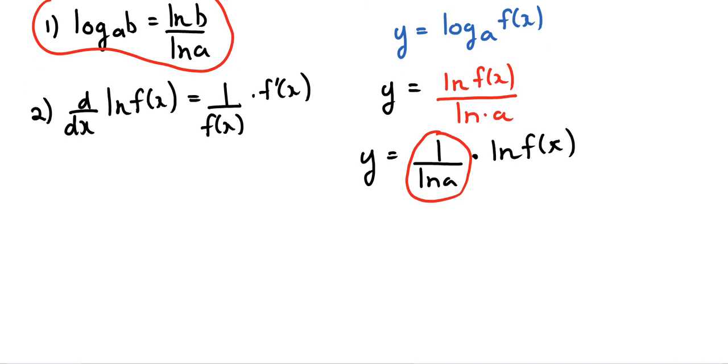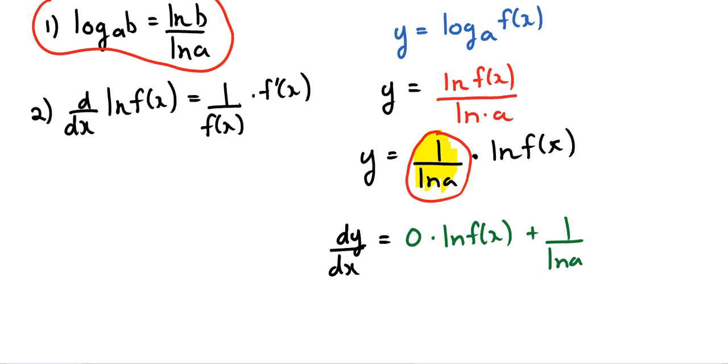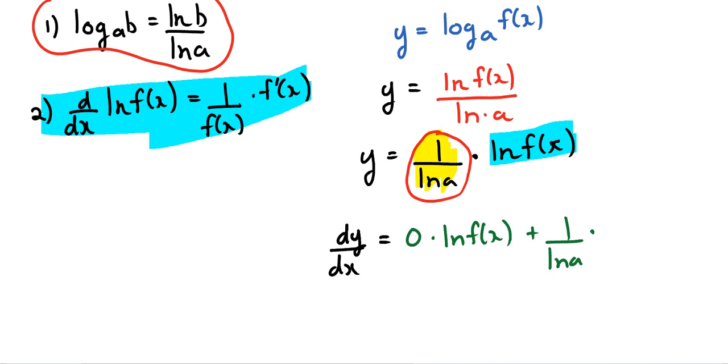So when I take the derivative, dy by dx, I'm essentially using the product rule here, and the derivative of this part highlighted in yellow, as mentioned, is 0 times ln of f of x plus 1 over ln a times the derivative now of this expression right here, and that's where I need to use this second property right here. So we've already derived that. So that's going to be 1 over f of x times f prime of x.